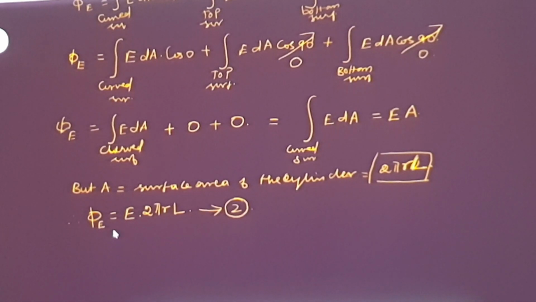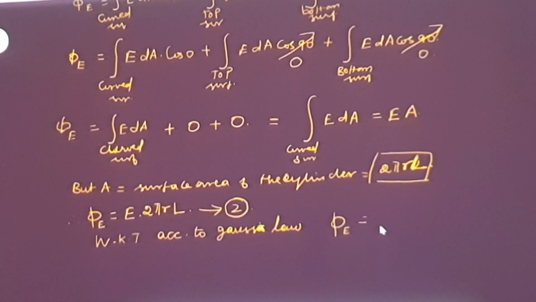But we have to apply the Gauss law to get the electrical field. So we will write like this. According to the Gauss law, we can write flux available phi E is equal to the ratio of the charge enclosed by epsilon naught or permittivity.